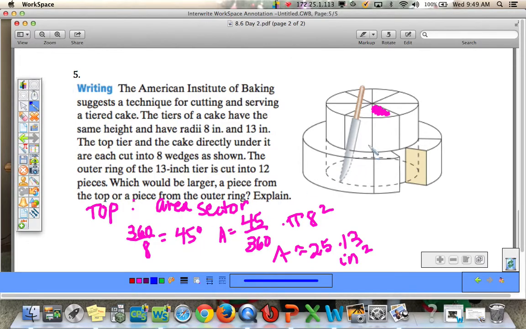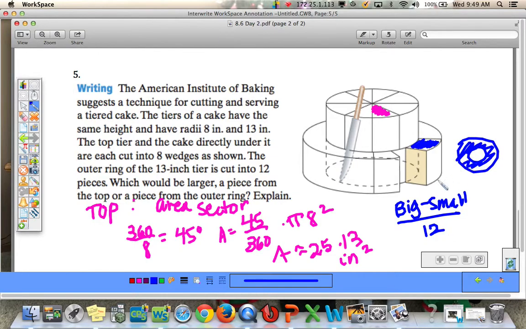Now we need the area of just one of the sectors right here. And to do that, it is just going to be the big, so the annulus, the big minus the small. And then it's cut into 12 pieces, so divide by 12. So again, it's the big circle minus the small circle, you get the annulus, but then it's cut into 12 pieces, and you just want one of the pieces.